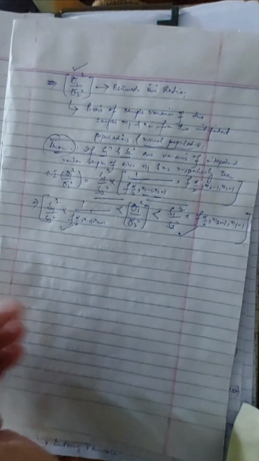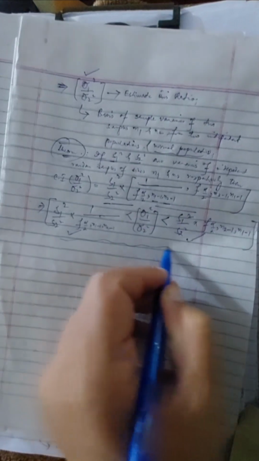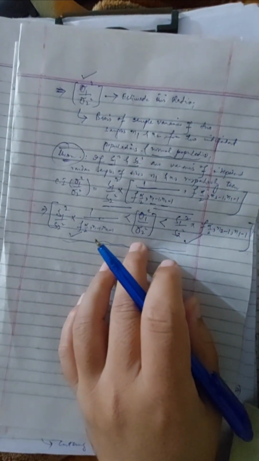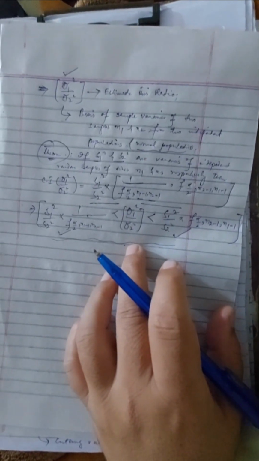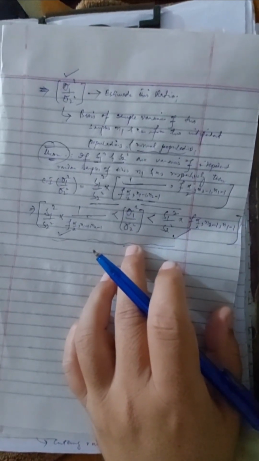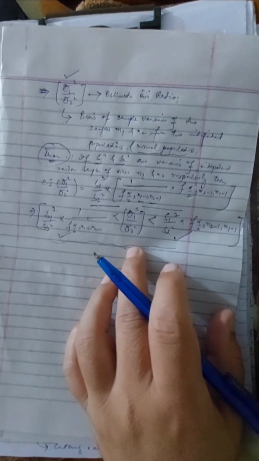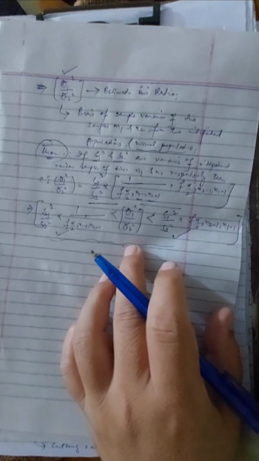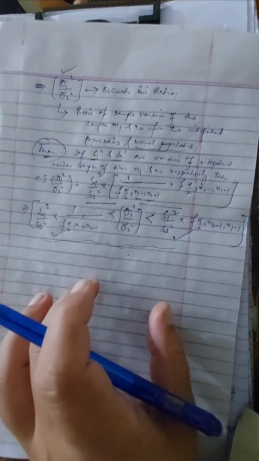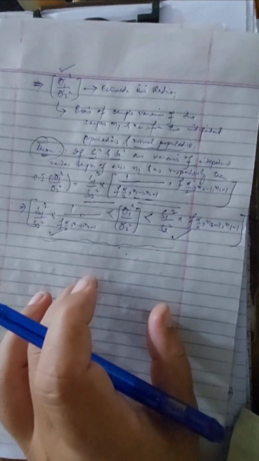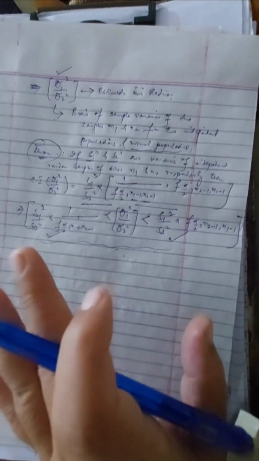Okay, so we will use this formula specifically and we will find the ratios of the real population variances based on the given sample variances for two samples n1 and n2, which are taken from two normal independent populations.